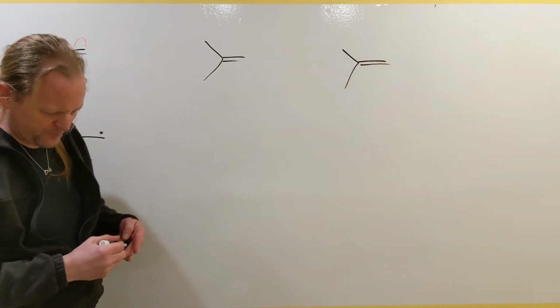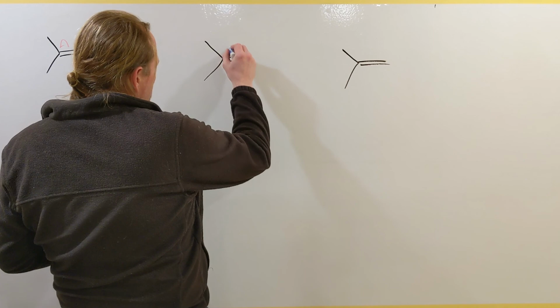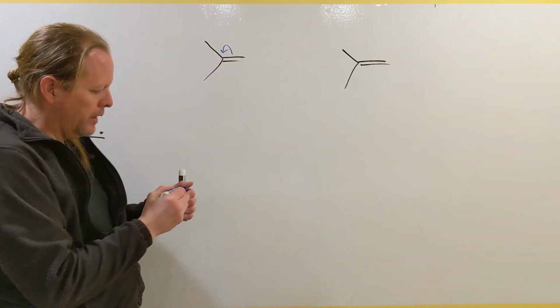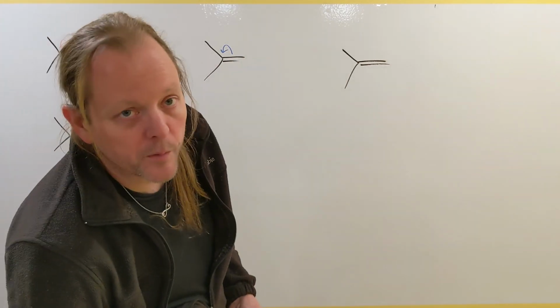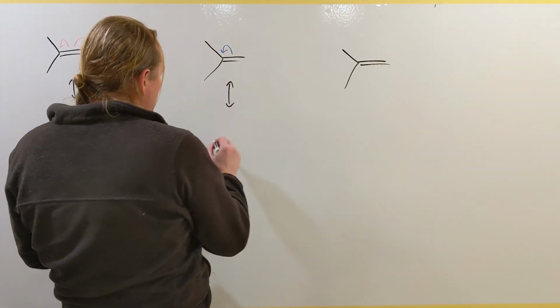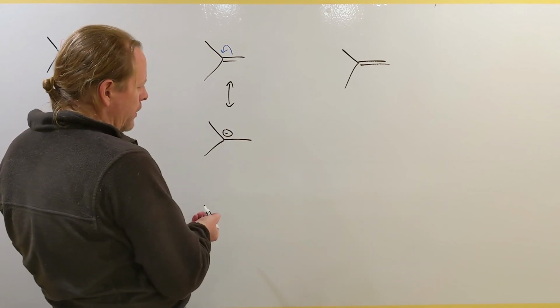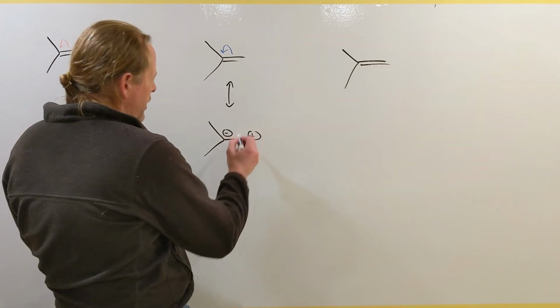Second case. It breaks this way. Now, normal curved arrows there. We're moving 2 electrons at a time here, just like we dealt with in the previous chapter. Now, we're looking at this. A negative charge here and a positive charge here.